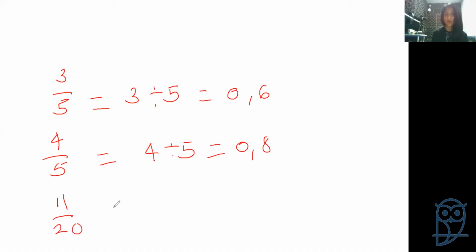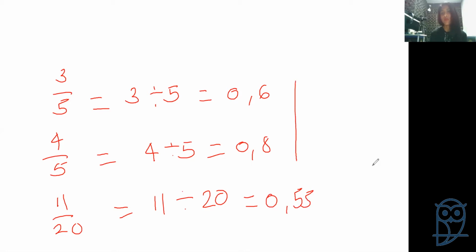What about 11/20? We are once again saying 11 divided by 20. So guys, we are repeating this over again: when we want to convert fractions to a decimal number, we divide the numerator by the denominator. So in this instance, your answer will be 0.55.